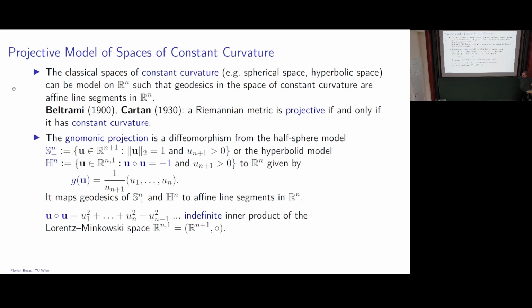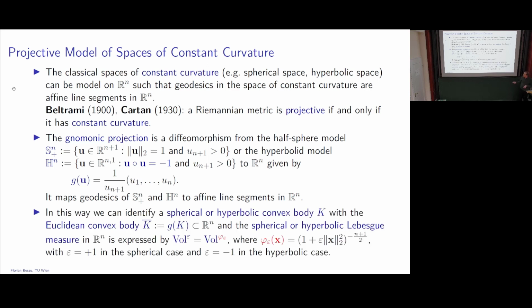So the takeaway is that this gives you in the end a way to associate Euclidean convex bodies with non-Euclidean convex bodies. And so we will write K bar now for the Euclidean expression of some non-Euclidean convex body. All we need are hyperplanes and volume measures, and the natural Lebesgue volume measures in hyperbolic and spherical space in these projective models are expressed as weighted volumes with this density function.